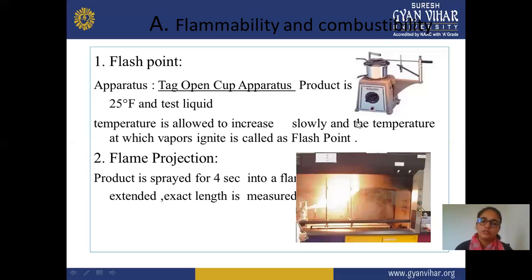We apply the material for 4 seconds, and after 4 seconds we check how much that material extends in the flame, or how easily it can catch fire. This test is mainly to check how easily it can catch fire. So we apply the material into the air for 4 seconds, and after that we check the extended length for that particular 4 seconds.